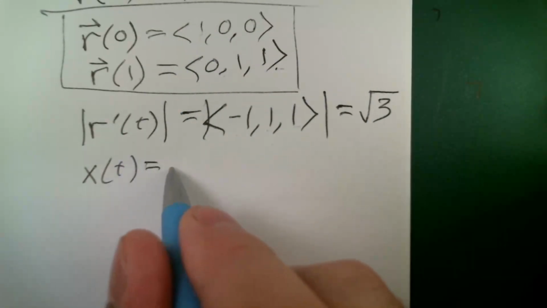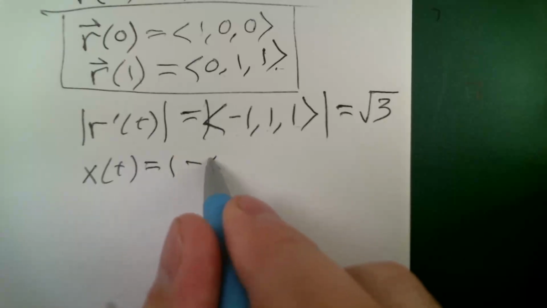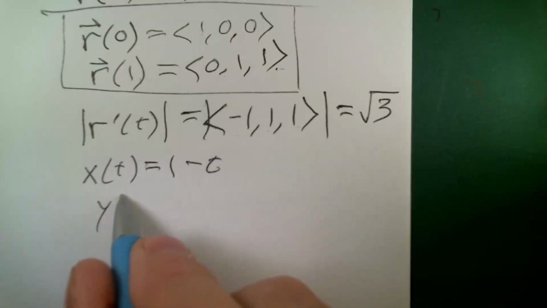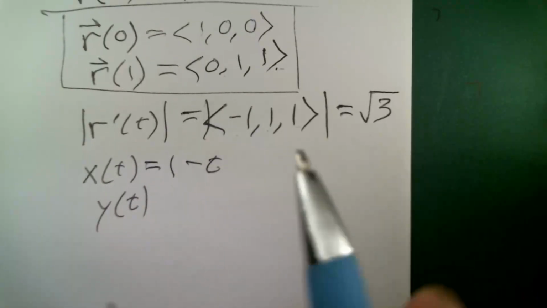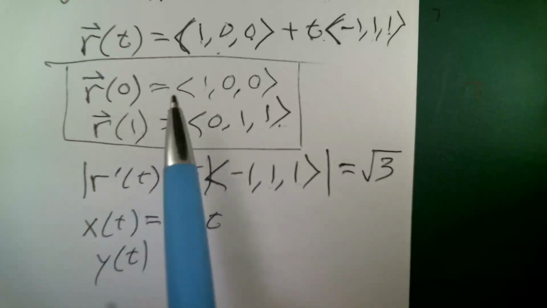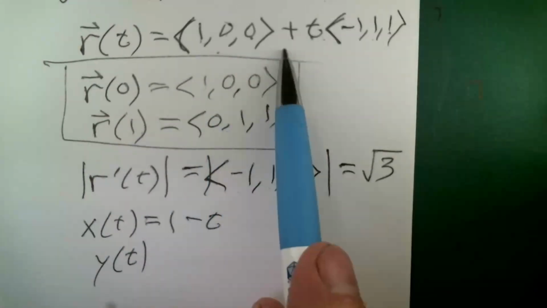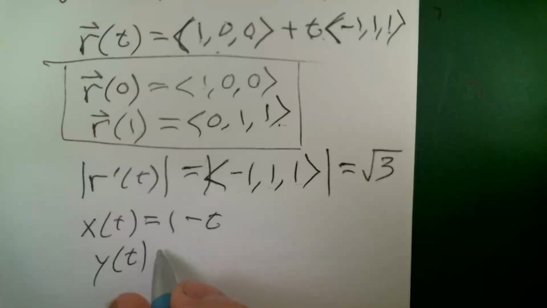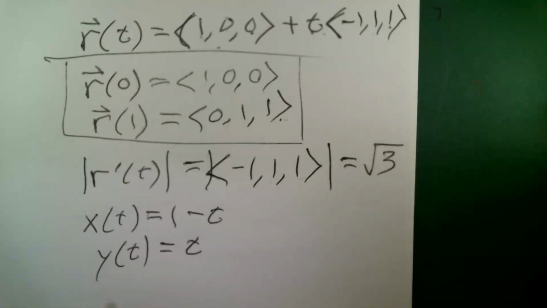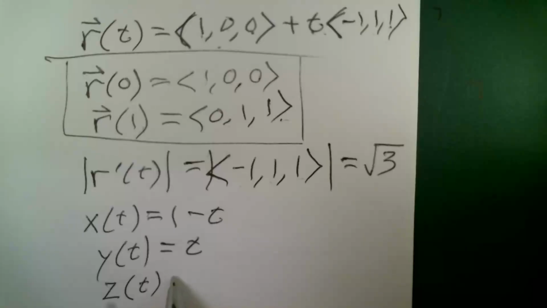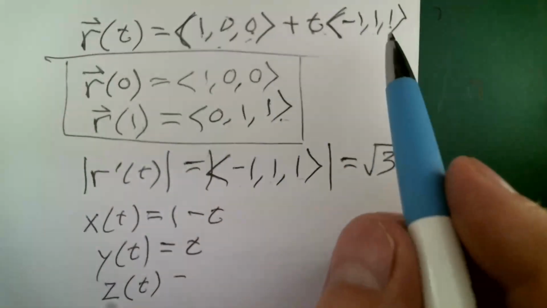You run through what r of t's work is. y of t, what's the y-coordinate of the r of t vector? Sorry, it's over here. 0 plus t. Oh, that's just t. And z of t. I think that's also just t. Right? You have a 0 plus t times 1.